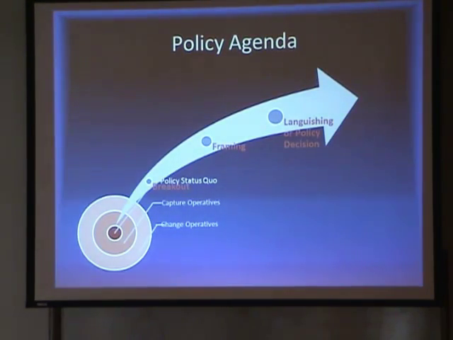And there's a great book that was written in political science several years ago called Speaking Truth to Power. And the two of them are very often at odds. So we've got the framing matter, and we're going to talk about some of that today. And then once the framing is done, ultimately we're going to find out whether this languishes, whether it's pushed off, or whether you get some type of a change.